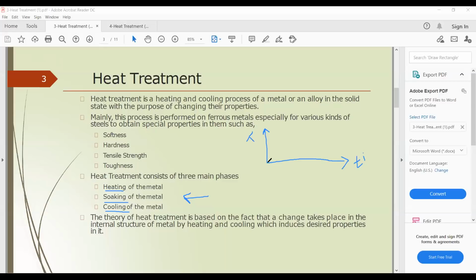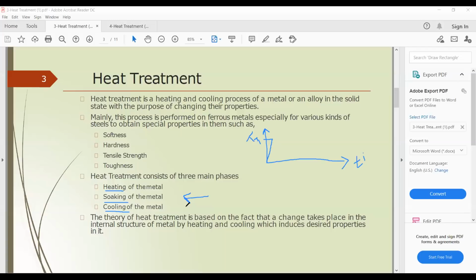You are having metal in your room temperature, right? Then you are heating that metal to specific temperature T1, right? So what will happen to the temperature of that metal? You are heating that metal to a specific temperature. Okay. Then soaking of the metal.